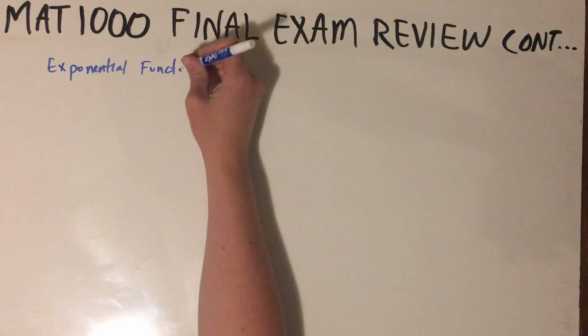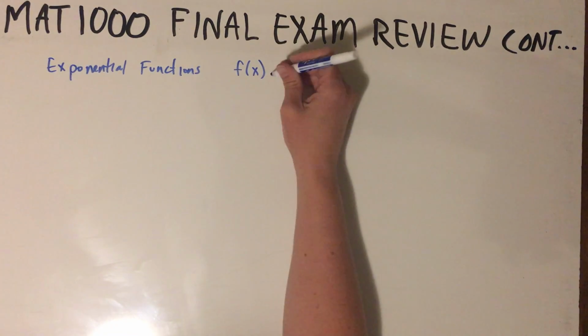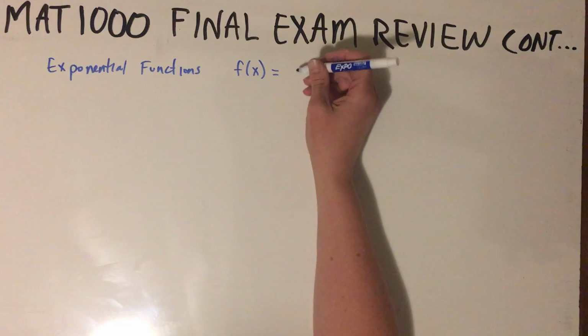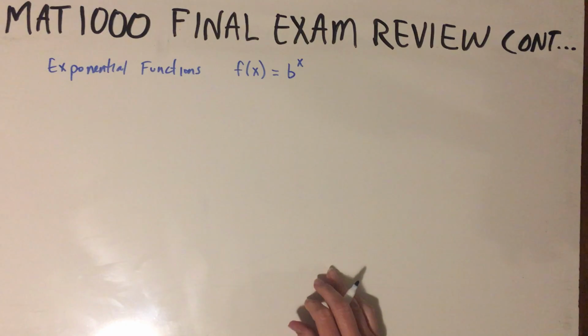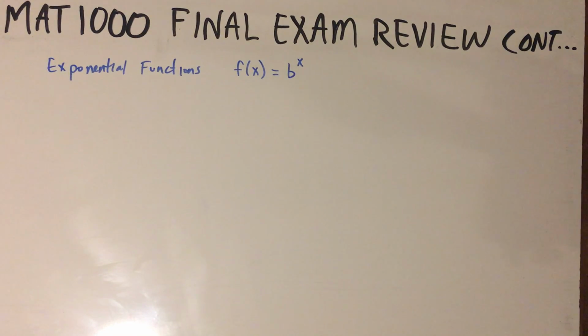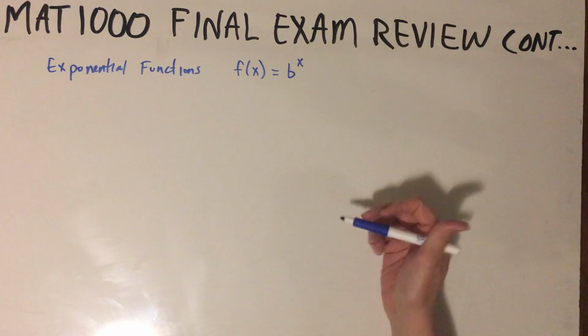Exponential functions are written in the general format of f of x, and then you'll have a base to the power of x. We could have several different things here, and this function can be shifted all over just like a parabola can.